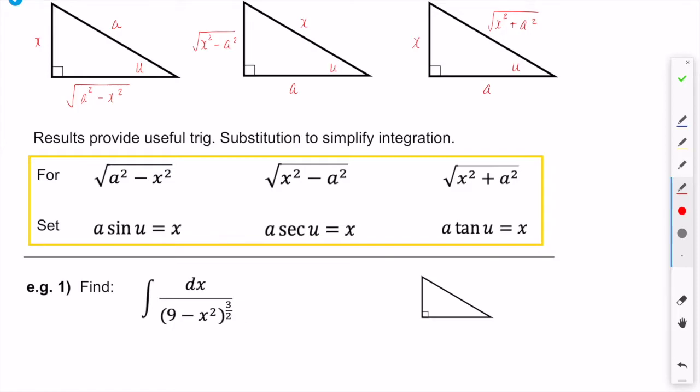And if I see the square root of x squared plus a squared, then I will let a tan u equal x. The reason may not be apparent yet, but let's take a look at the next two examples for this to become a little more clear.